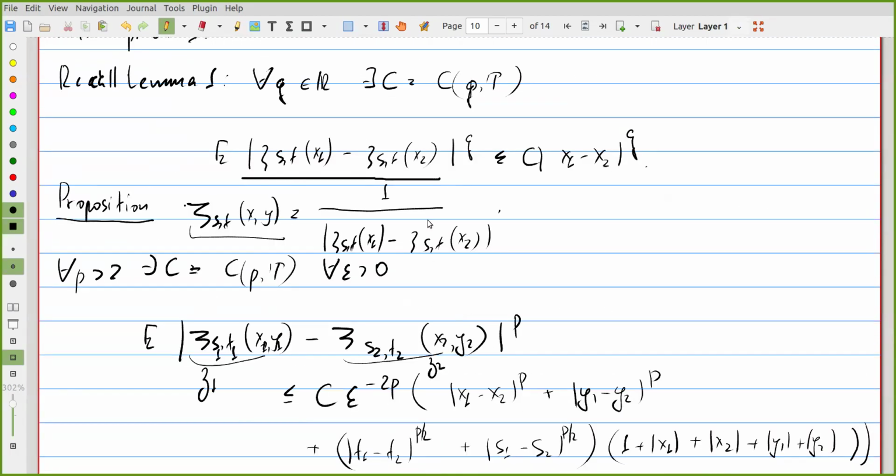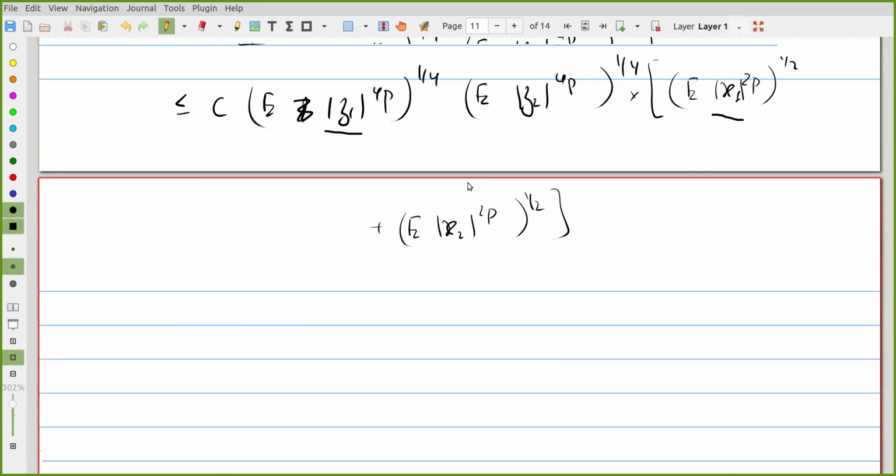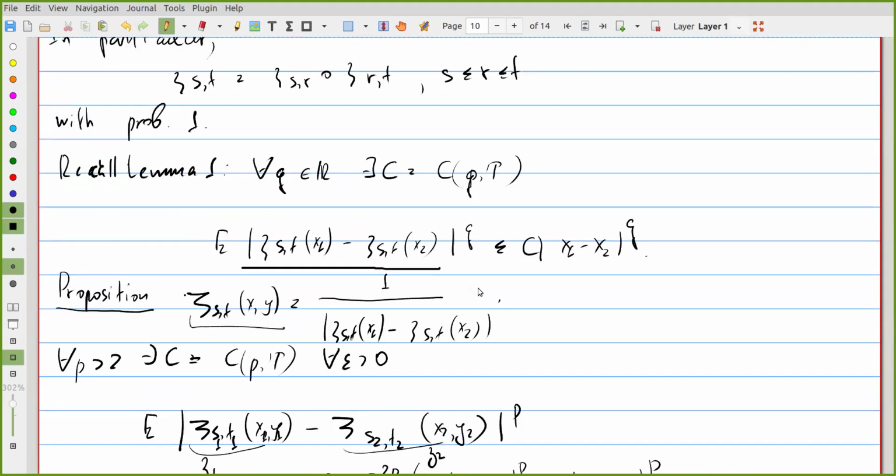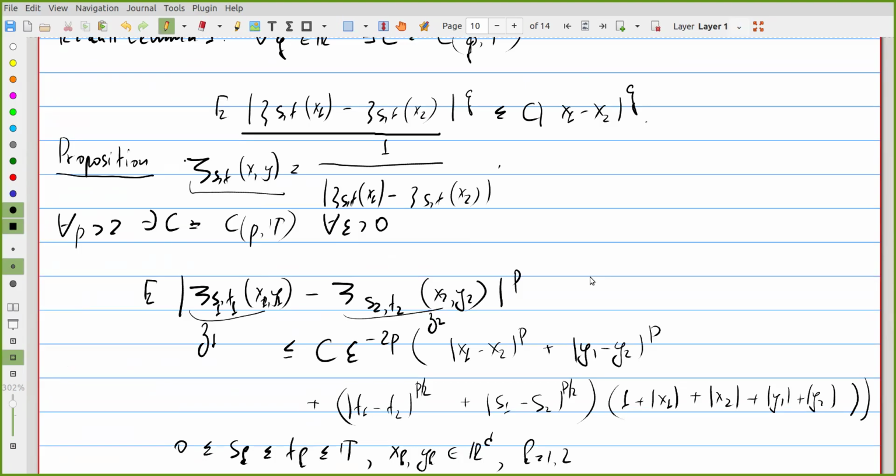This is 4p, and so we need to take, for instance, here we have 4p to the power 1/4 is less than, maybe I mixed up x.